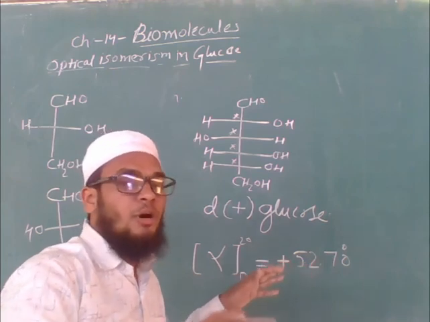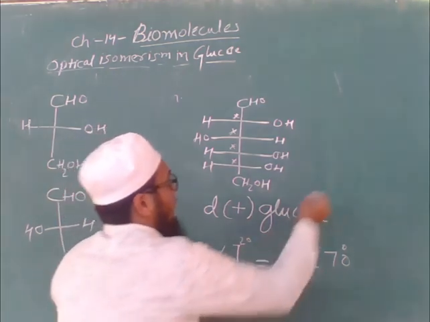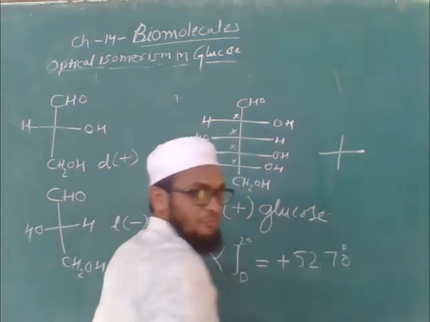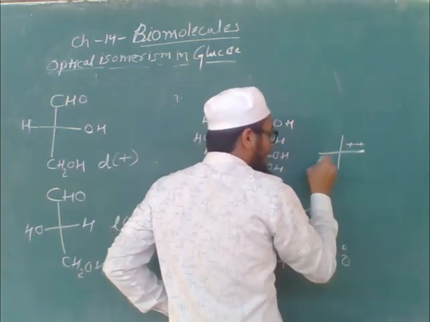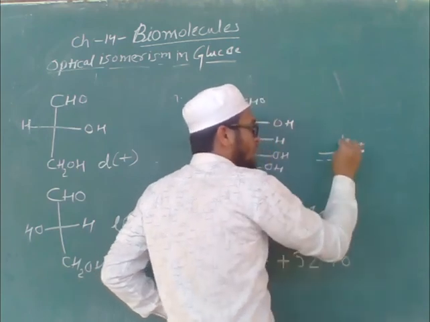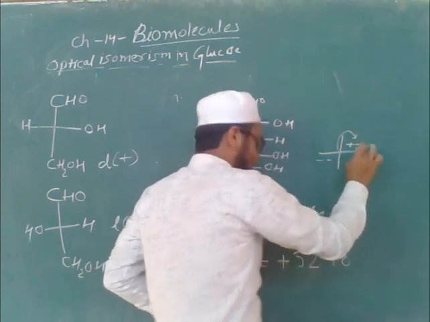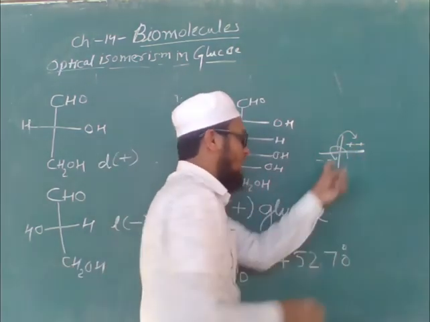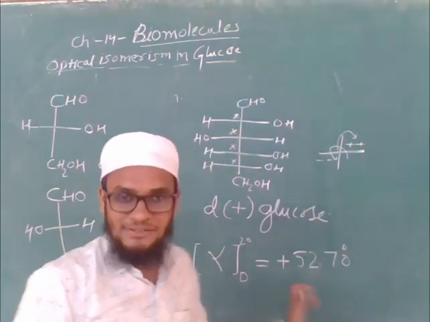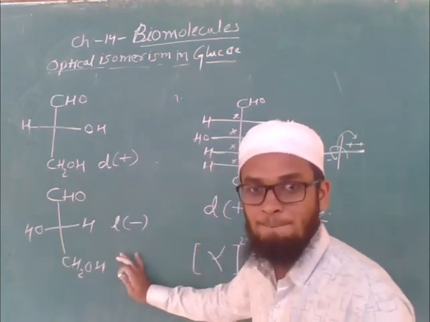Now, going towards the more basic idea, what is this? Our graph. In our graph we can write plus plus here and at this position minus minus. So if it is rotating clockwise, it will definitely have plus, and if it is rotating anti-clockwise, it will definitely have a minus sign, as this one has a minus sign.